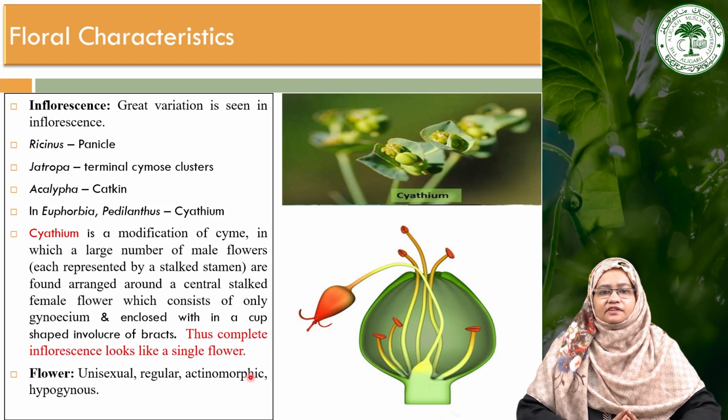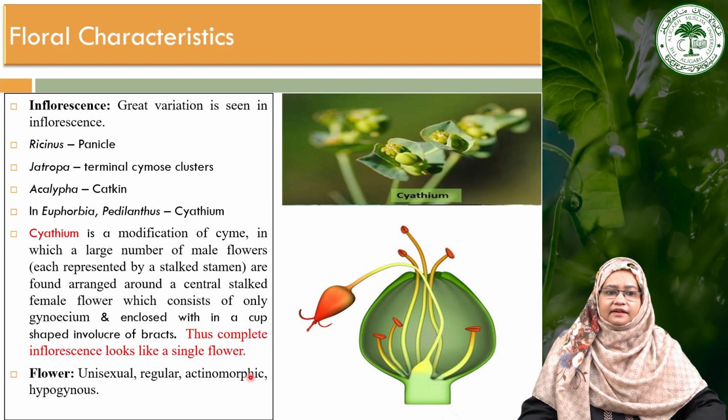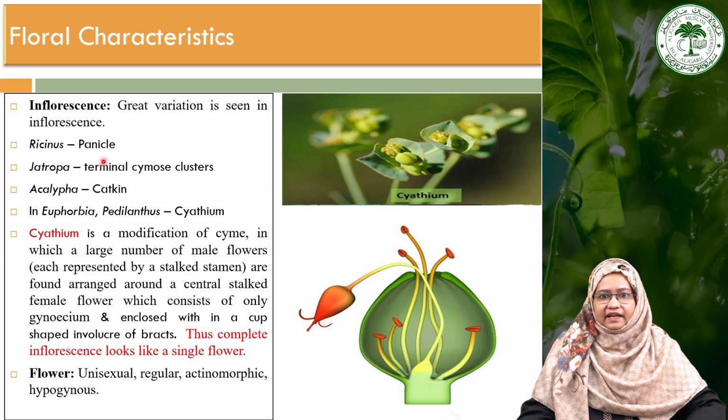In inflorescence there is quite great variation seen in this particular family. Ricinus has a panicle type of inflorescence, Jatropha shows a terminal cymose cluster, and Acalypha has a catkin type of inflorescence. In Euphorbia and Pedilanthus, there is a cyathium type of inflorescence.